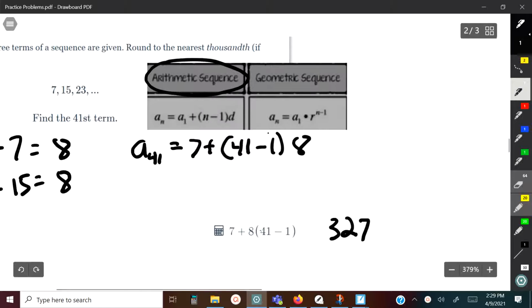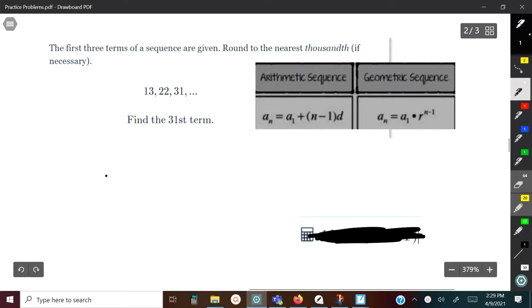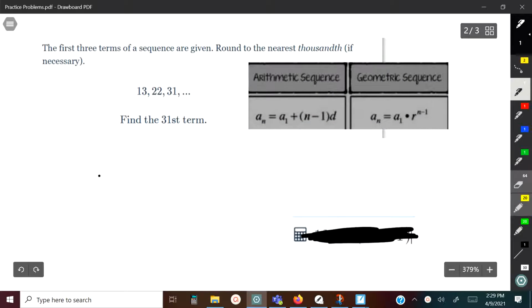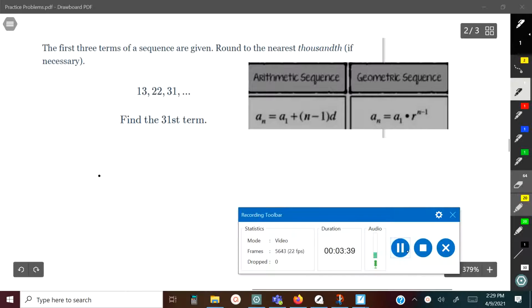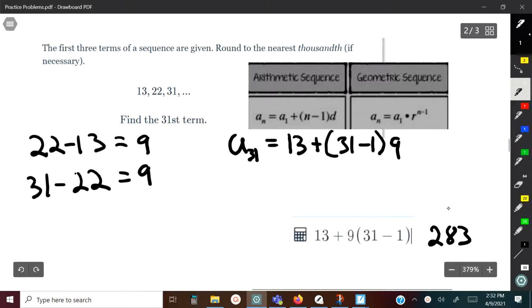Alright, go ahead and pause the video right here and see if you can first determine if it's arithmetic or geometric. Then write in the formula and then type in the calculator, see if you can get the right answer. Alright, so on this one, what you should get is 283.